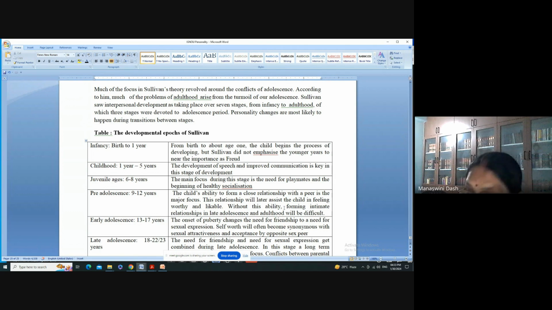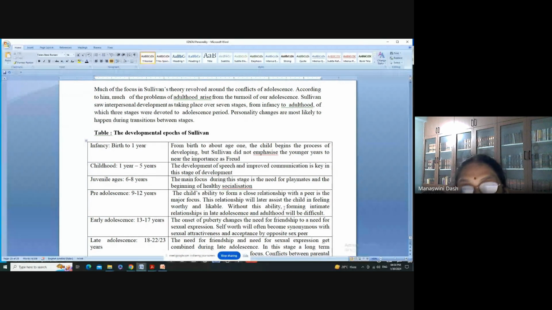According to Freud, the most crucial stage of personality development is the phallic stage. But according to Sullivan, the most crucial stage is adolescence.